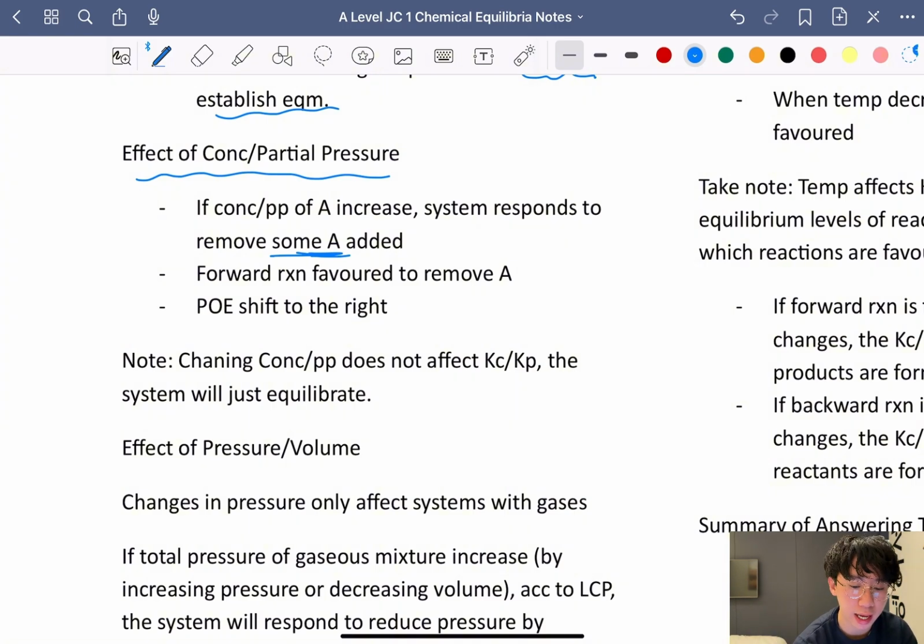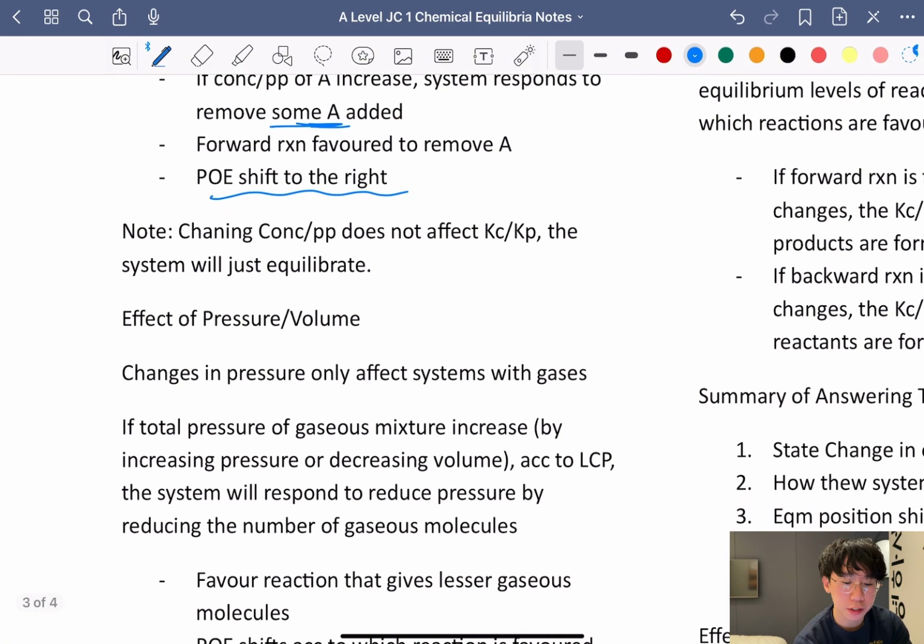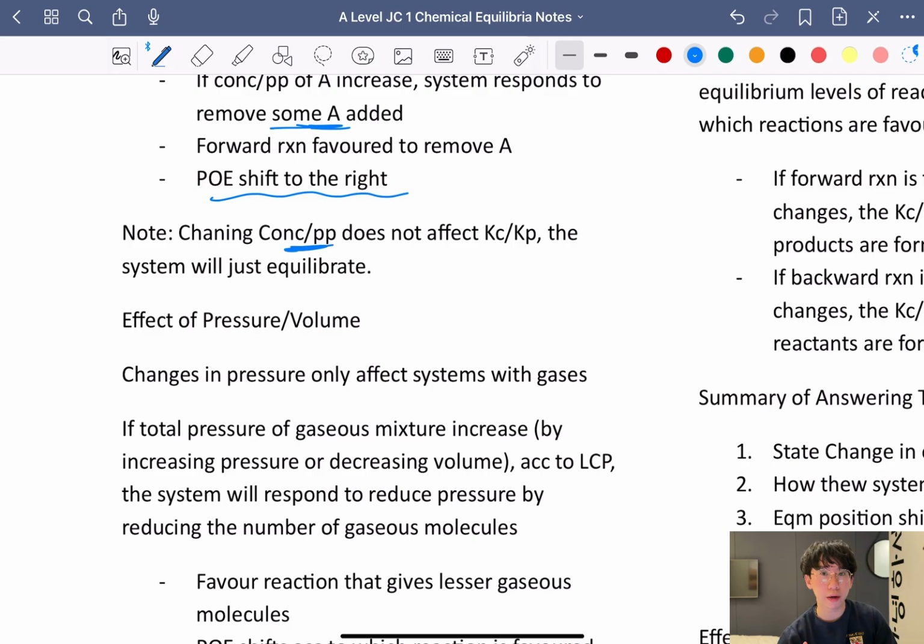So in a case where A becomes B, and you increase the concentration or partial pressure of A, the system will respond to decrease the concentration or partial pressure of A. Therefore, it will favor the forward reaction, and because of that, your position of equilibrium will shift to the right. Now take note again that changing concentration or partial pressure does not affect the Kc or Kp, and it is only temperature that will affect it.